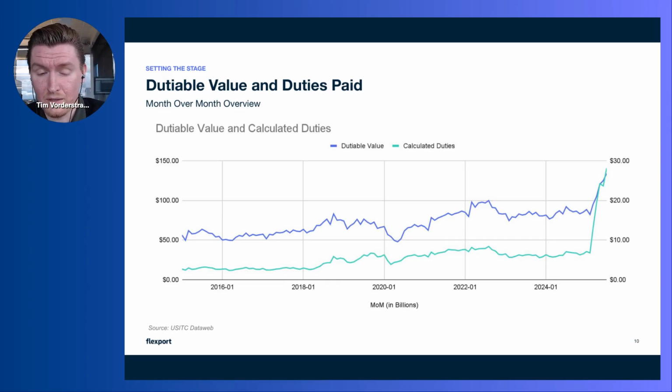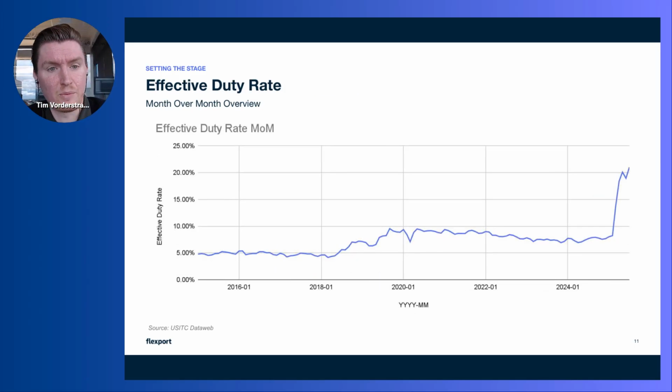We can see over the last 6-8 months that duty value has climbed tremendously. And if we look at the effective duty rate, meaning taking the duty paid compared to the value of merchandise that has been imported, we can also see that the duty per dollar that you're paying of imported merchandise has compounded significantly this year alone.